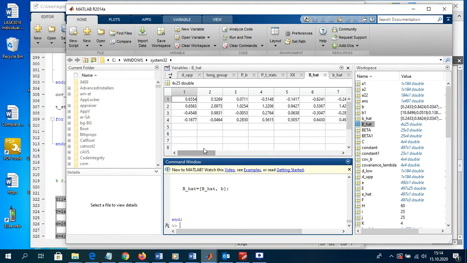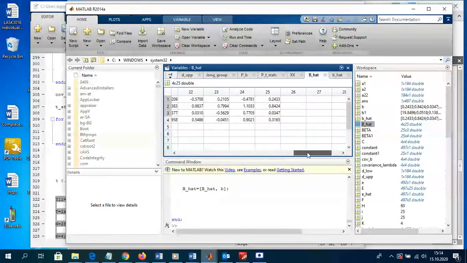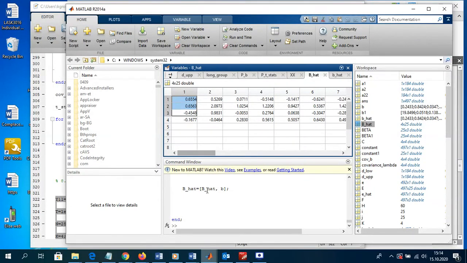So you see now it stacks after every single round. It takes the vector and stacks it basically as a 4 by 1 vector next to each other. So this has then the dimension 4 by 25, right? So that's basically how it looks like.